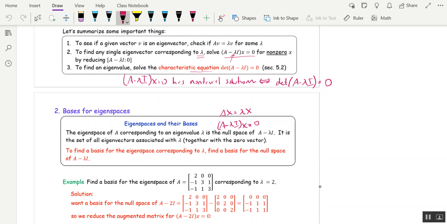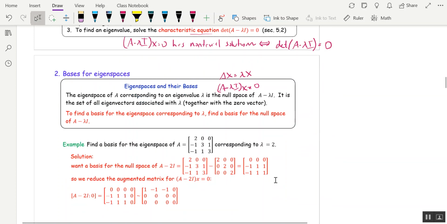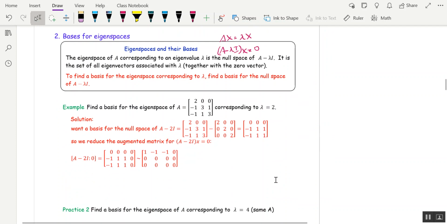To find a basis for the eigenspace, we know how to find a basis for a null space. So that's all we have to do. To find a basis for the eigenspace corresponding to lambda, find a basis for the null space of A minus lambda I. Okay, this sounds worse than it is. Trust me, by the next section, this will not be as frightening, and it will not seem so foreign. Let's do an example.